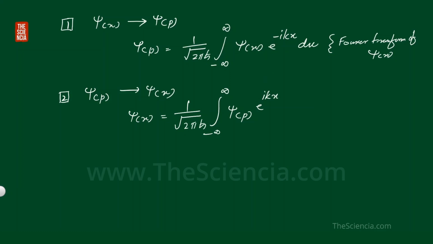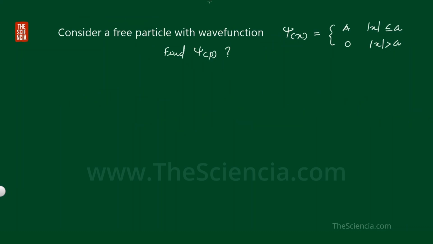Earlier it is minus, now it is plus. This is nothing but the Fourier inverse transform of psi(p). By using these two equations, we can change the position basis to momentum basis and the momentum basis to position basis. Okay.